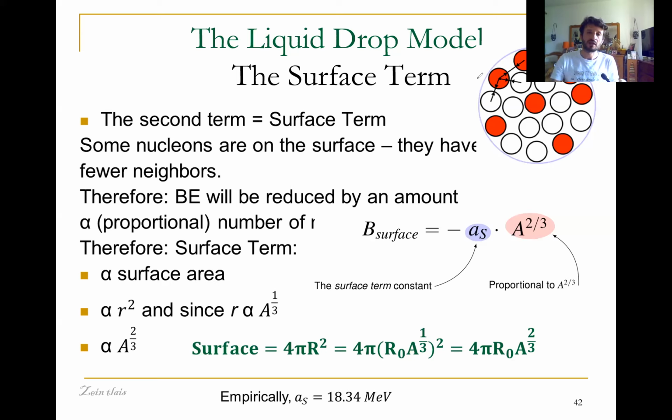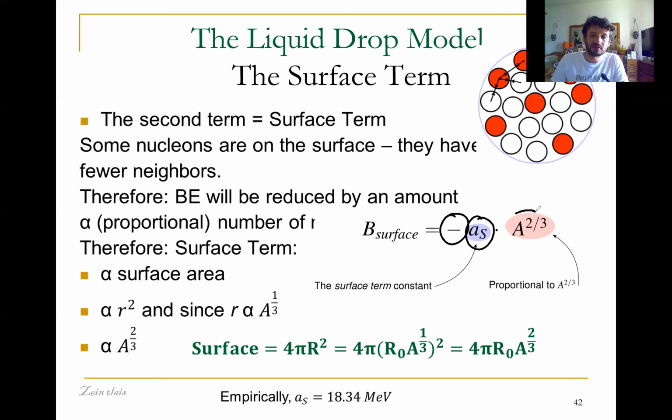If we have one nucleon inside, it is bounded from all sides, but this one is not; we have only one side. In this case, we must put a minus because it decreases the global value of binding energy, equals AS times A power 2 divided by 3.